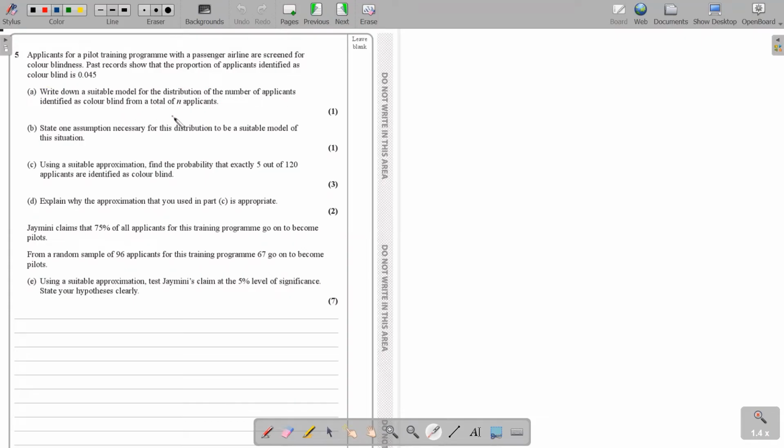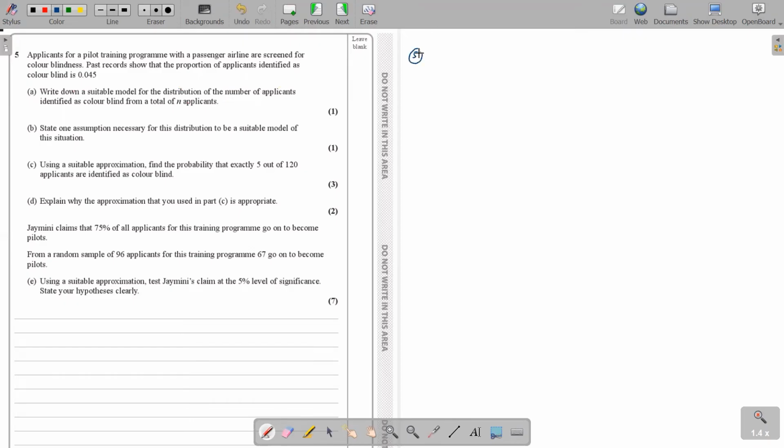They say there is a total of n applicants, so basically there is a fixed number. And the proportion of applicants identified as colorblind is 0.045, so that's the probability of a person being colorblind. Do you think we have Poisson here? No, there's no interval here. So here we have a binomial distribution.